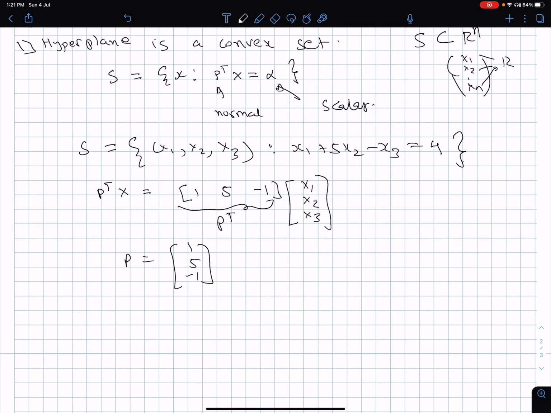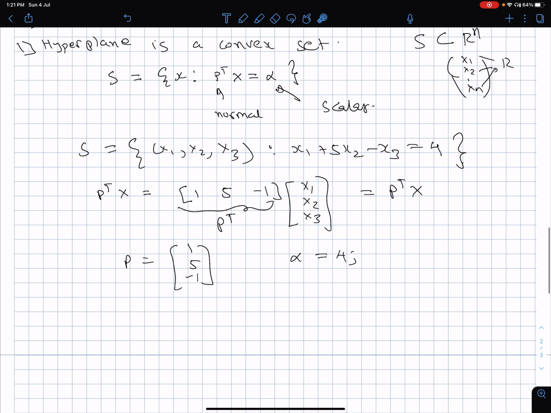So this becomes P transpose x, and alpha here is equal to 4. This notion of a line in 2 dimensions and a plane in 3 dimensions, when extended to n dimensions, becomes what is called a hyperplane.